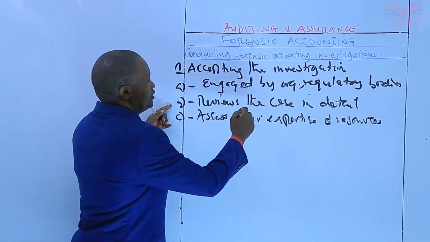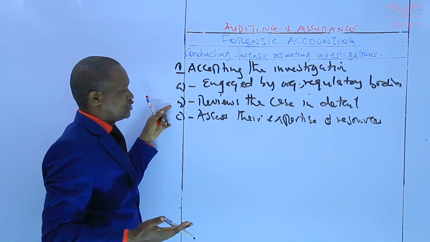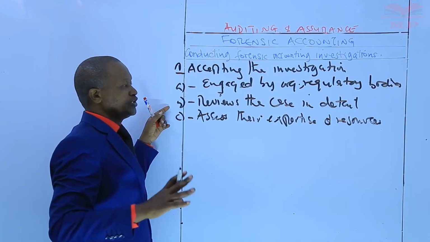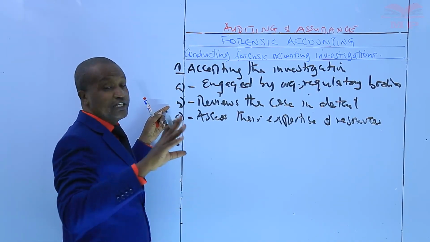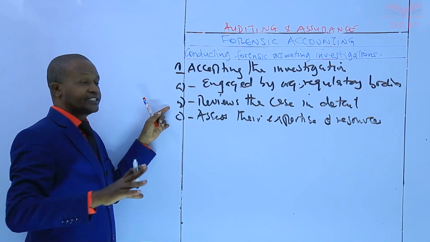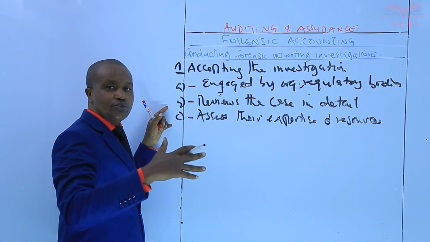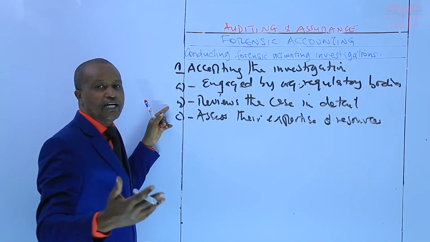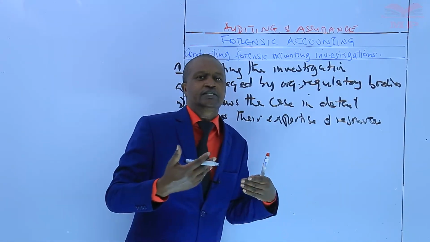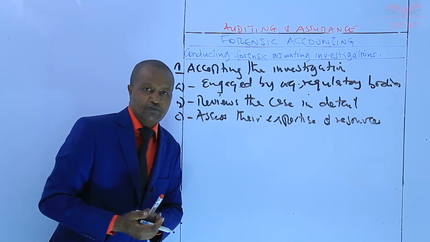After the accountant has understood the details of the case, the accountant needs to check if he or she has the expertise or resources required to undertake the investigation. Assess their expertise and resources to determine whether they have the necessary skills and capacity to handle the investigation effectively.